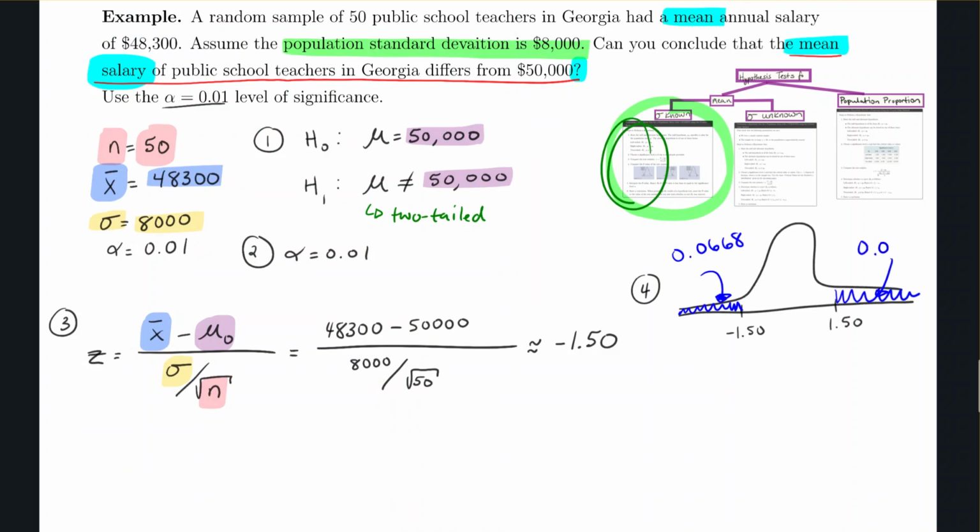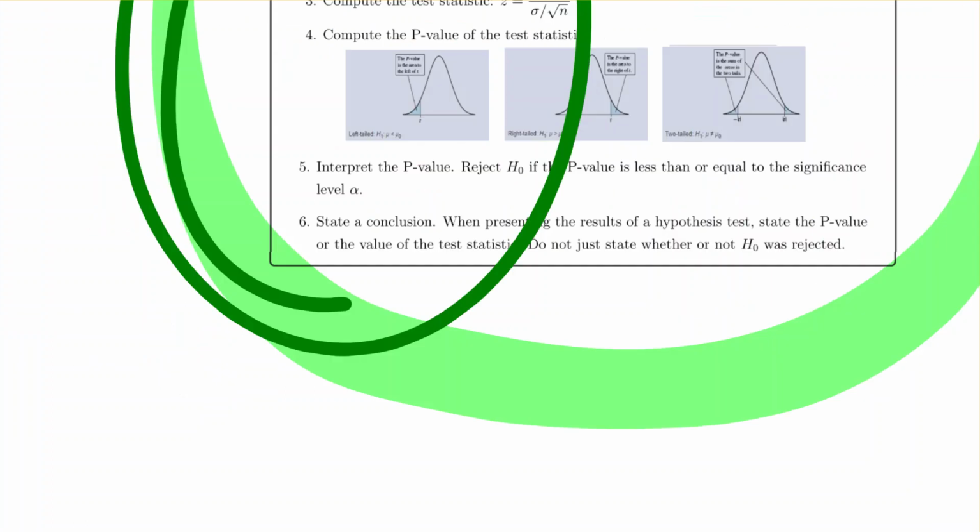Now the p-value is the area enclosed that we're interested in that I've shaded here. So for me to find my p-value, I would actually have to have 2 times 0.0668 because I've got 2 branches of this, which would give me a p-value of 0.1336.